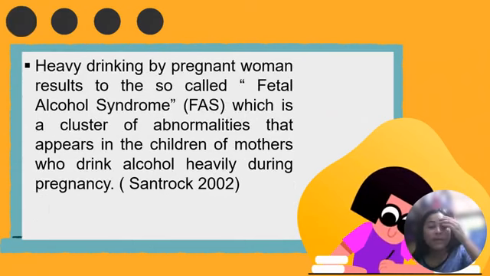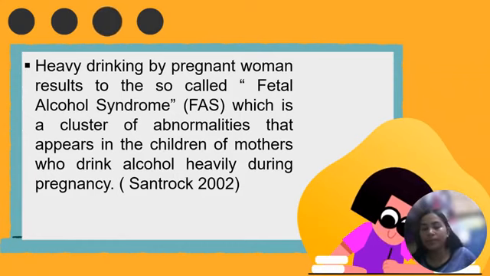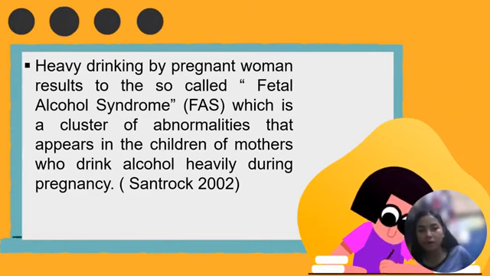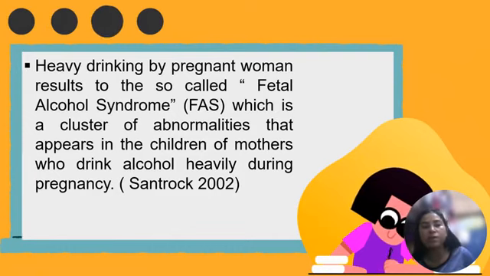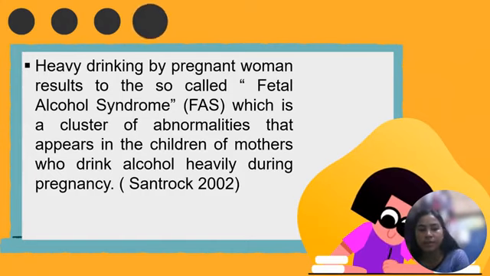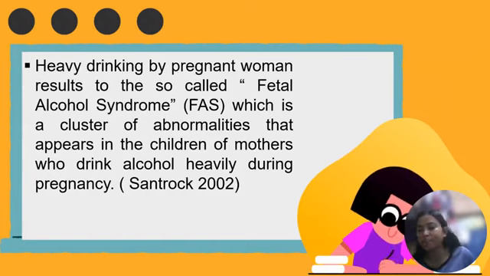So heavy drinking by pregnant women results in the so-called fetal alcohol syndrome or FAS, which is a cluster of abnormalities that appears in the children of mothers who drink alcohol heavily during pregnancy, by Santrock 2002.